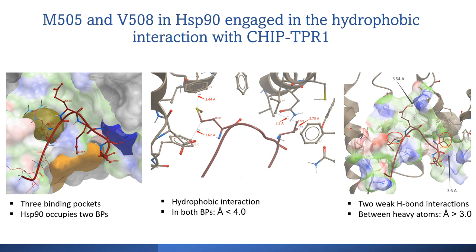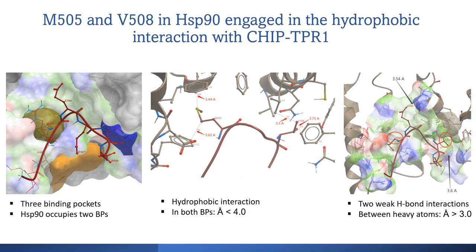The side chains of M505 and V508 in the HSP90 form hydrophobic interaction with the 2 binding pockets, as the intermolecular distance between the side chain of HSP90 and CHIP were measured to be less than 4.0 angstrom.